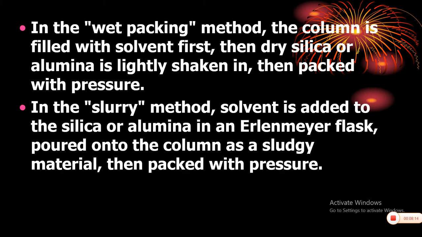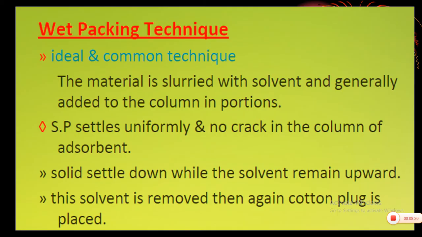So the column ready by either of these two methods, that is by dry packing and wet packing, is further conveniently used for the column. So wet packing method is an ideal and common technique. The material is slurried with solvent and generally added to the column in portions.